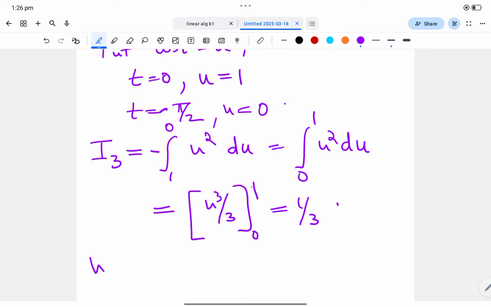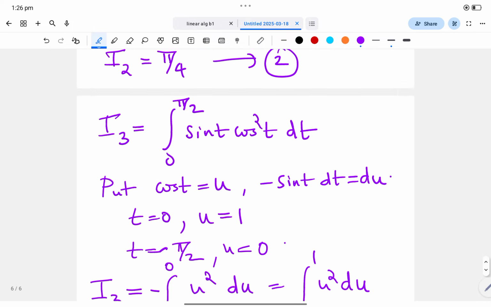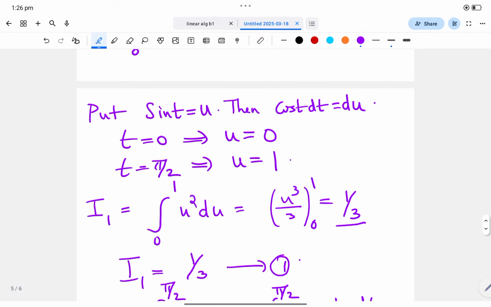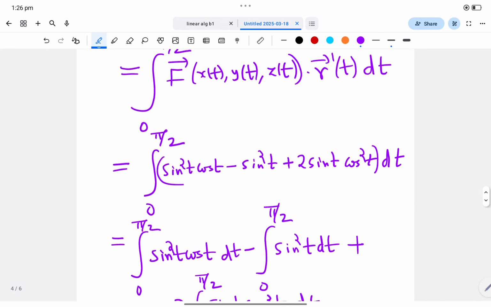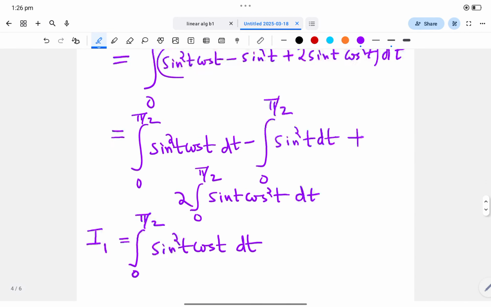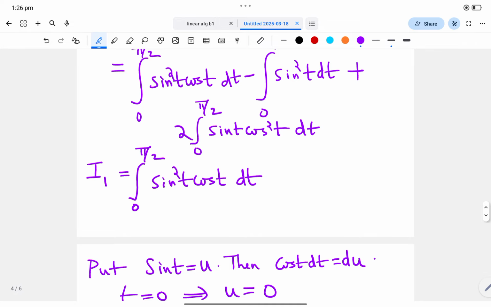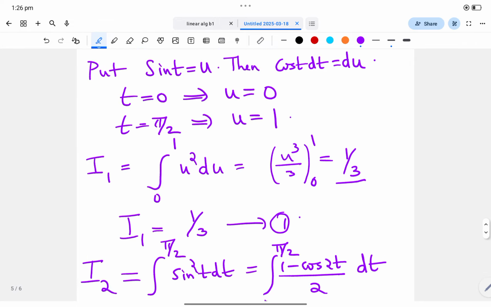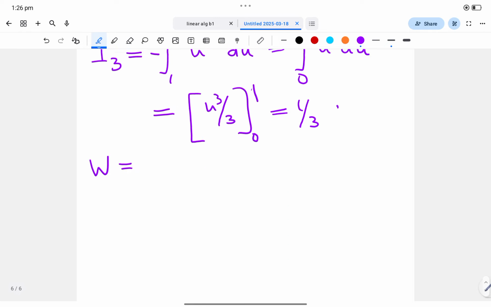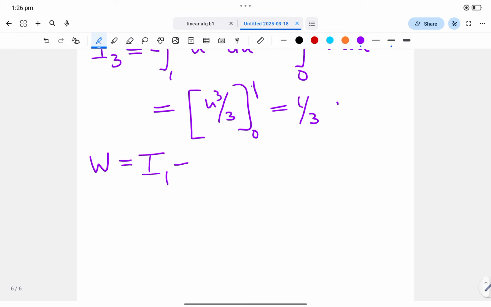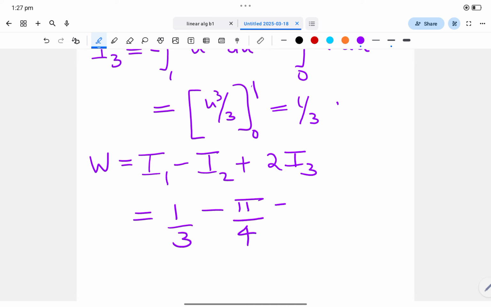Therefore our work done will be, this is the expression for work done. So it is I1 minus I2 plus 2I3. I1 minus I2 plus 2I3, and this is equal to, I1 is 1 by 3, I2 is pi by 4, and 2I3 is 2 by 3.